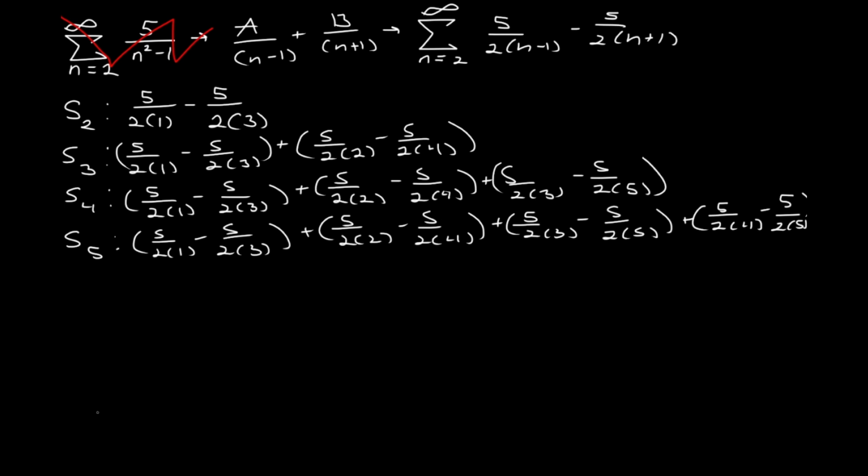Awesome. Okay, so now we can begin canceling things out. So let's see what we can cancel out. We have a -5 divided by 2 times 3 here, and we also have a positive 5 divided by 2 times 3 over here. So we can cancel these two out.